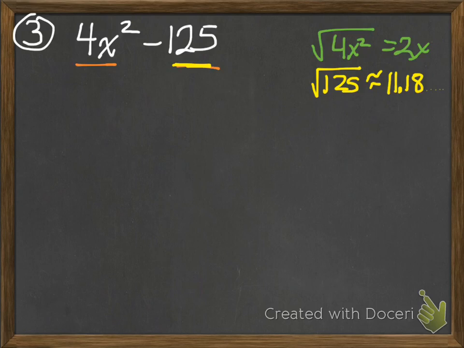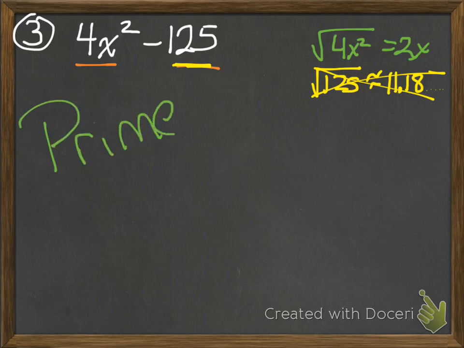It's going to keep going forever. It's an irrational number. So that's not one that I can use for factoring and coming up with a number that will be usable for me to put in a parenthesis. And so this one, for the purposes we have right now, is prime. We cannot go any further.